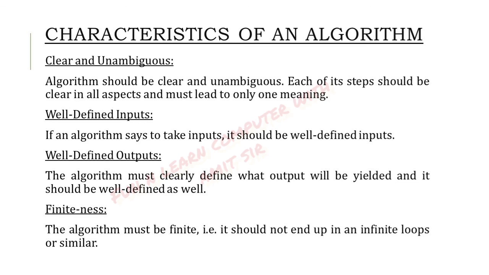Next, finiteness. The algorithm must be finite. That is, it should not end up in infinite loops or similar. For example, suppose we are writing an algorithm for division where we need 2 inputs from the user and the user gives input as 0 and 1, where 0 is the divisor and 1 is the dividend.